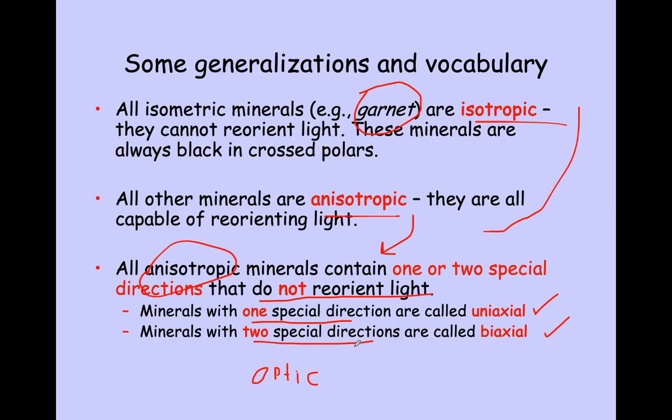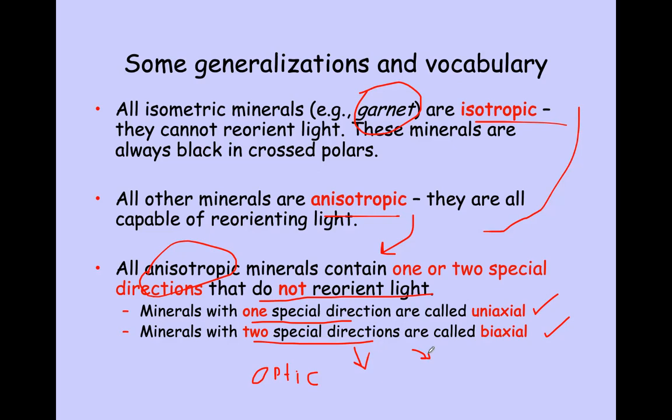So as you rotate the mineral through 360 degrees, it will give a dark appearance four times for minerals which have two specific directions. Other minerals will have only two black directions. In the previous example, you saw it in four quadrants, so that is a feature of a biaxial mineral.